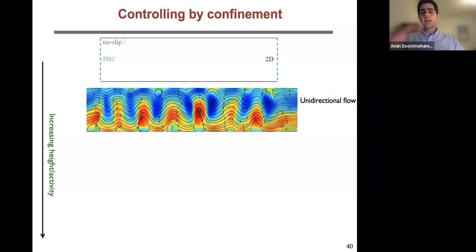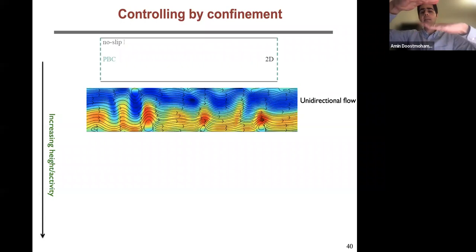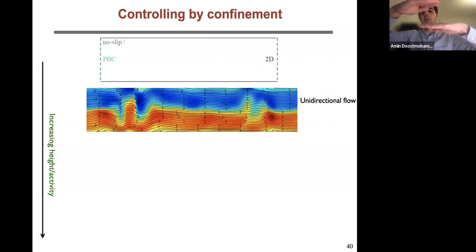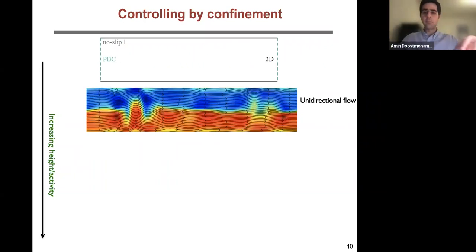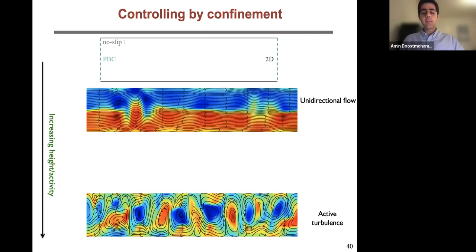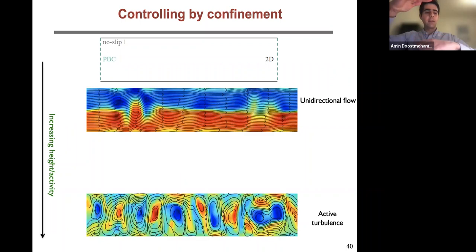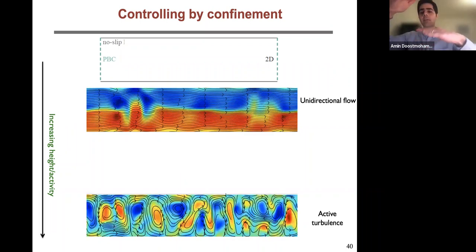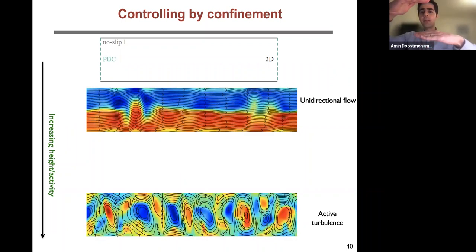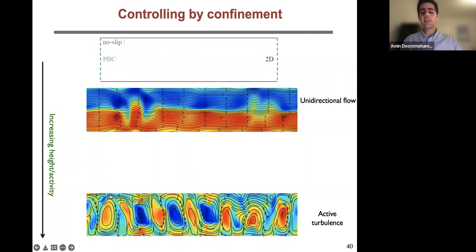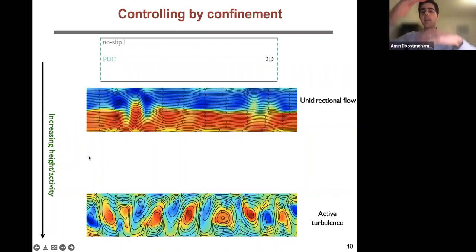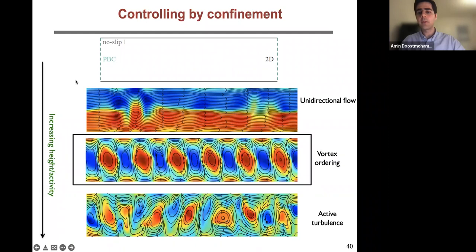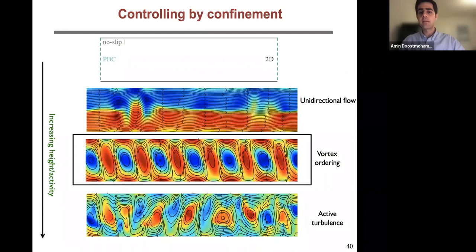If the height is small, then the whole thing breaks symmetry and flows in one direction. If the size is large enough, then we have this sort of chaotic flow. But again, if this intrinsic length scale and the length scale of confinement become comparable, then we have this vortex lattice.